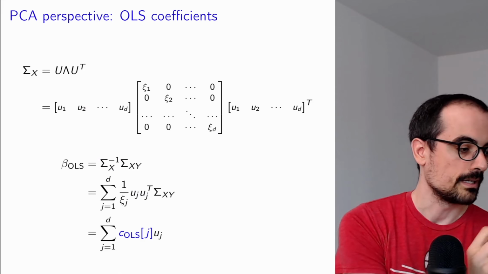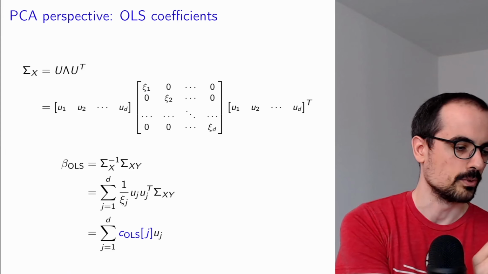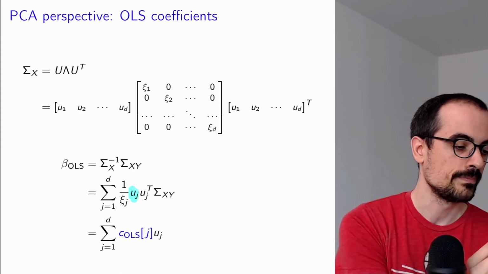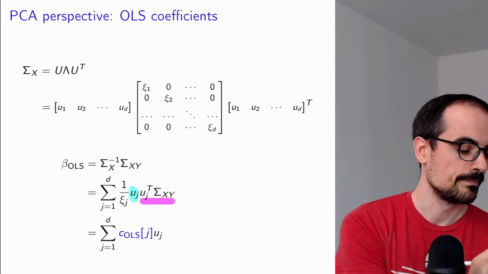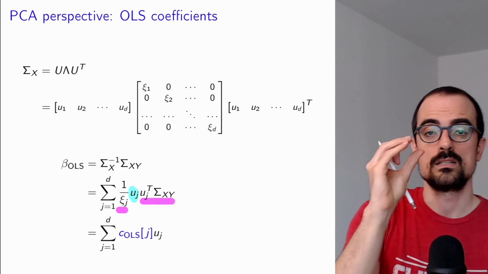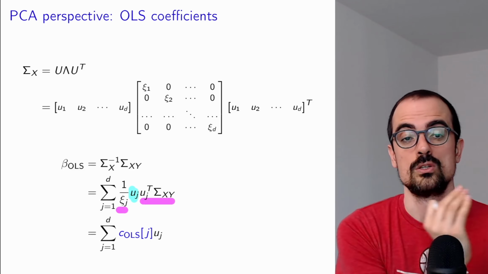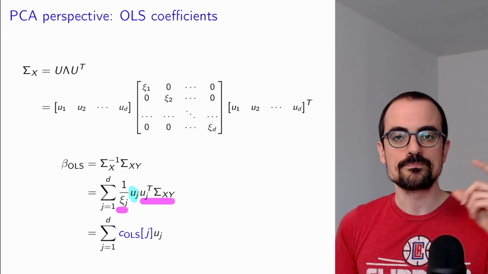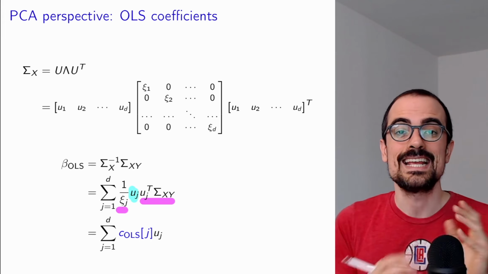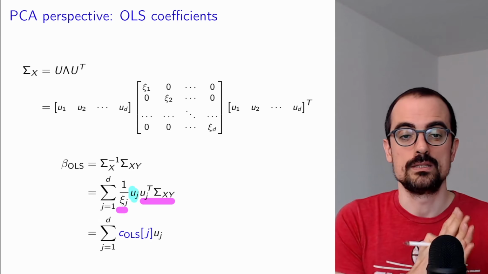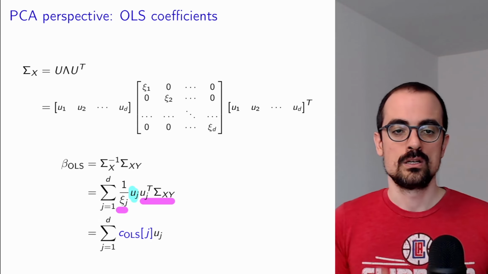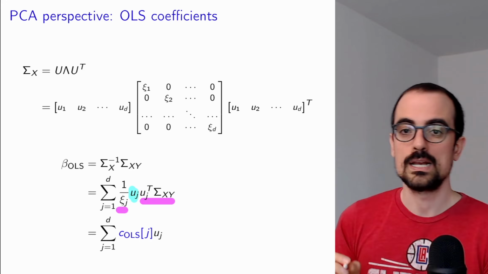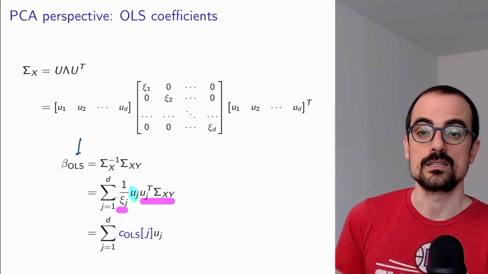Now, notice, I was going to say remember, but there's no reason why you would have to, I haven't said that yet. This is the principal direction vector, and the rest is a single number. That single number is the value of the OLS coefficient. So it's the amplitude of the OLS coefficients in the jth principal direction. We're doing a change of basis. Here we typically think of the OLS coefficient expressed in the standard basis.